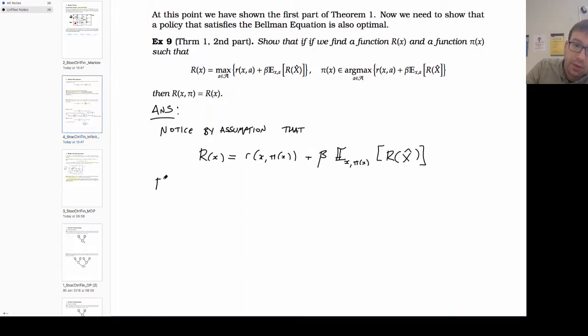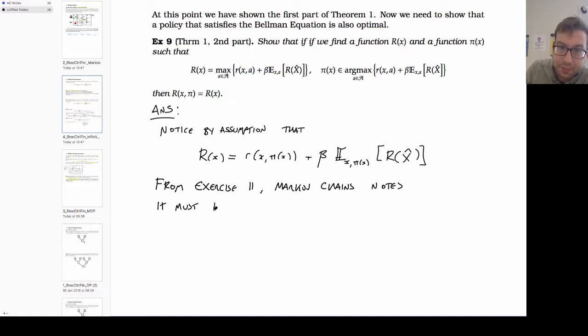So from exercise 11 in the Markov chains notes, it must be that R of pi is equal to R, because the reward function that sums the rewards must satisfy this equation, and anything that satisfies this equation is the unique bounded solution to that equation.